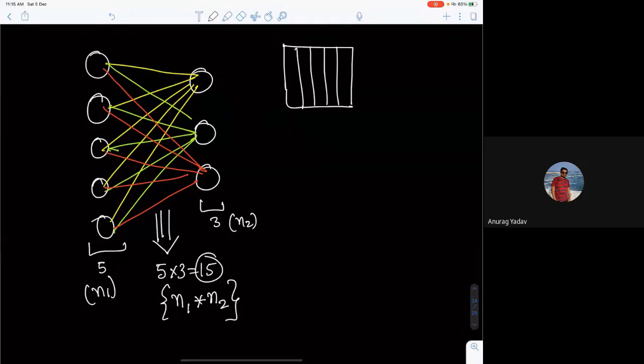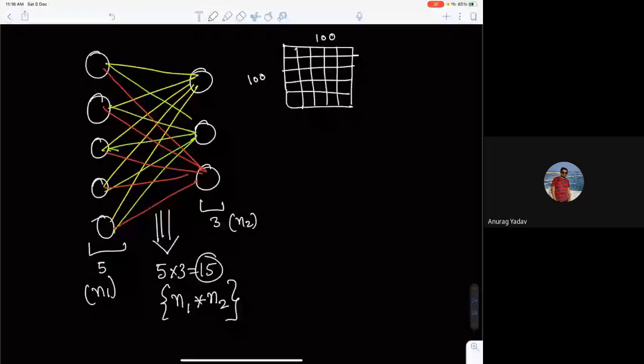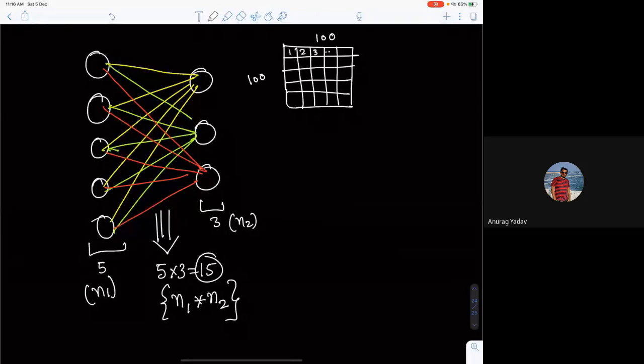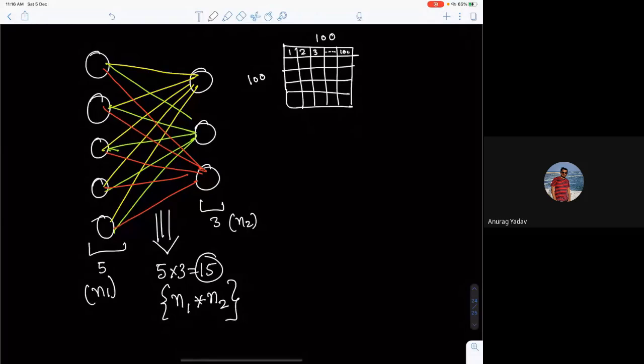I take this 100 by 100 and say this is pixel number 1, pixel number 2, 3, and so on. This is 100. This is 101, 102. Keep on doing, 200, this is 201, 202, and keep on doing 300 and so on. And this is 10 power 4.